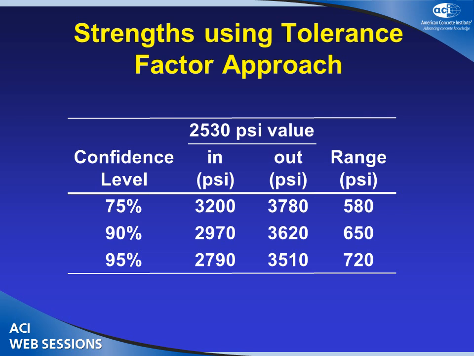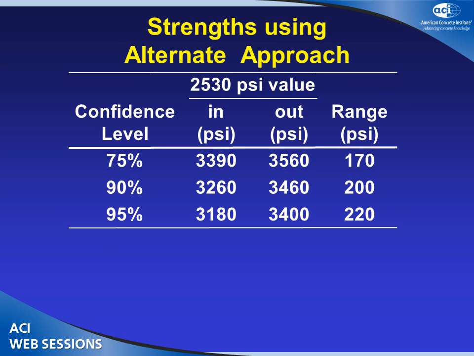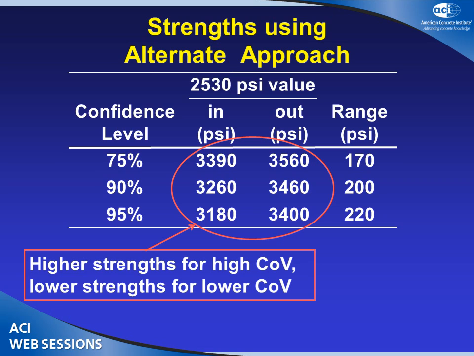If you look at the alternate approach, then you can see actually that if you leave it in and you've got a high coefficient of variation, you get higher strengths using the alternate approach compared to using the tolerance factor method. If you throw it out and you now have a fairly low coefficient of variation, you actually get higher results using the tolerance factor method.